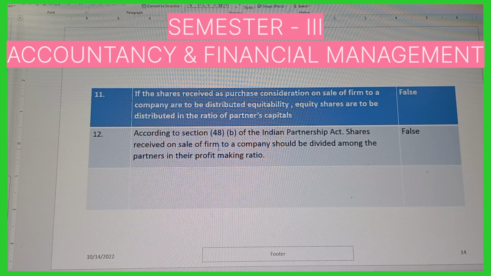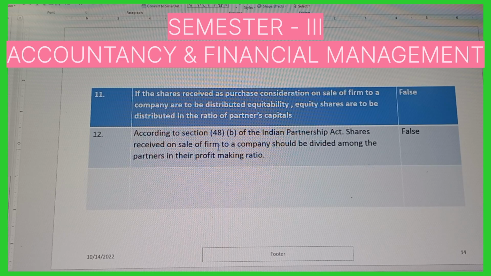Now after that, if the shares received as purchase consideration on sale of firm to the company are to be distributed equally, equity shares are to be distributed in the ratio of partners' capital. False. Equity shares are always divided in the profit sharing ratio, not in capital sharing ratio. Therefore answer is false.